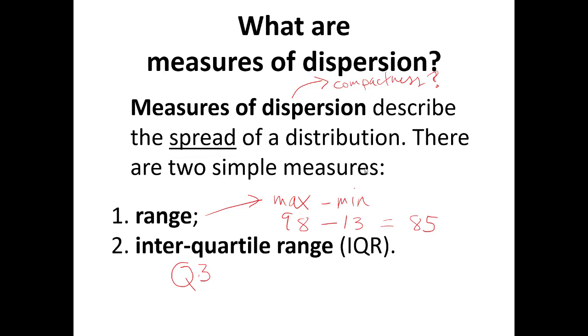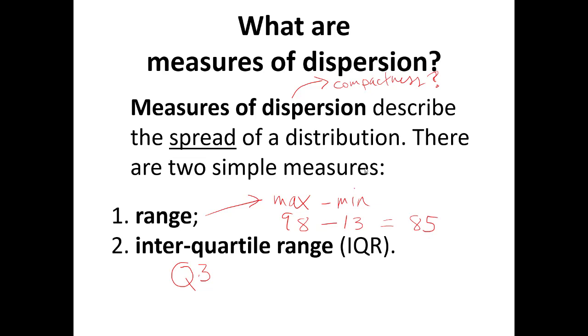So with this, we divide our histogram into quarters so that each section, each bin, contains 25% or 1/4 of our observations. So 1/4 of our houses fall into each of these. And it gets a bit wonky when you have an odd number, but we're not going to worry about that too much.